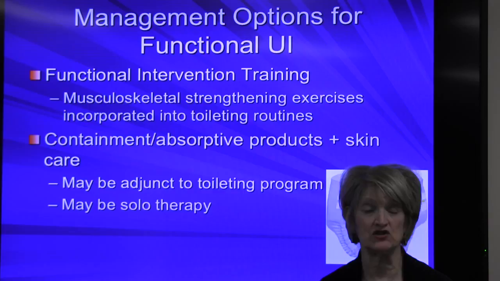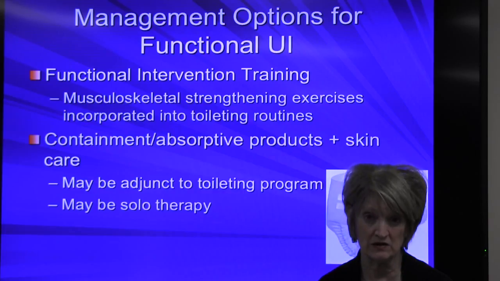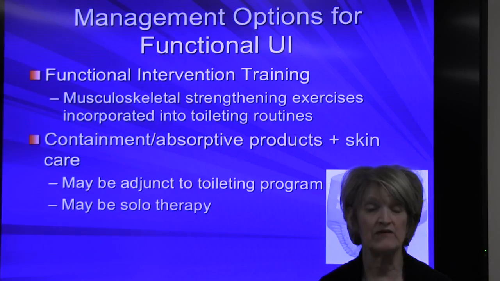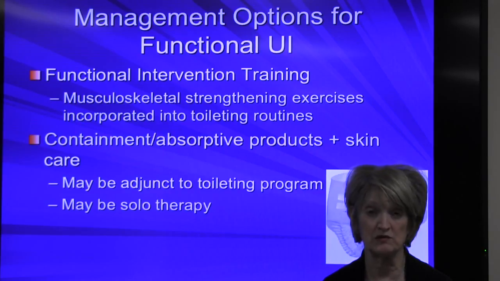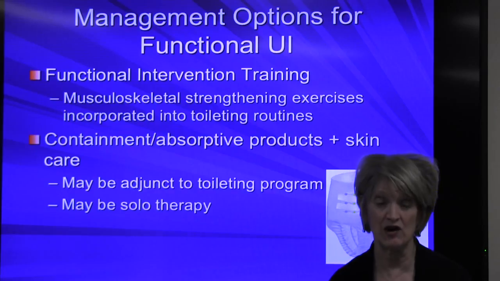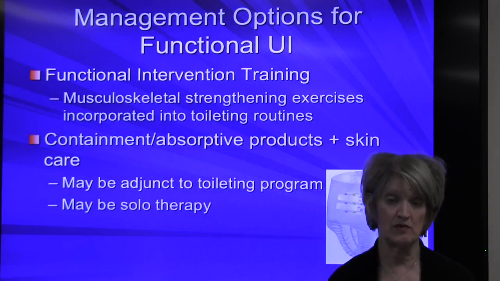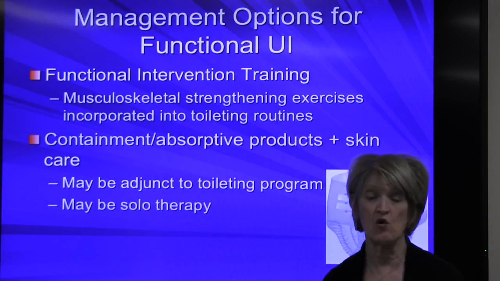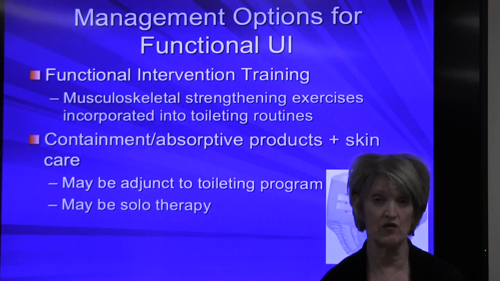What if you have a patient who cannot respond to voiding cues at least 50% of the time? Then for that patient, absorptive and containment products might be solo therapy. So you want to think of absorptive containment products and skincare as either adjunct therapy for a patient on a toileting program or as solo therapy for a patient who's not a candidate.